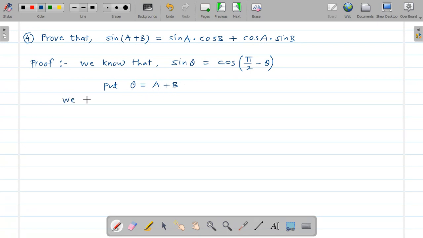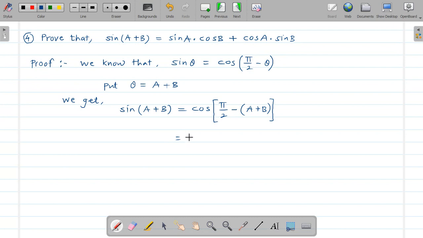So hence we get, on the left hand side, sin of (A + B) is equal to cos of (pi by 2 minus theta), where theta means A plus B. Write it in brackets because there is a minus sign.